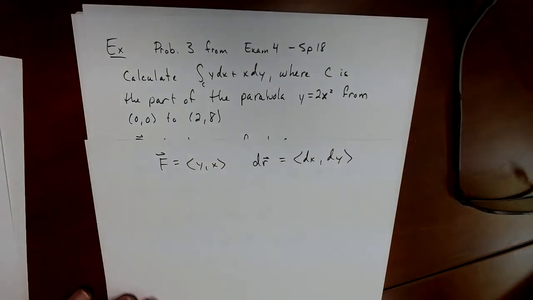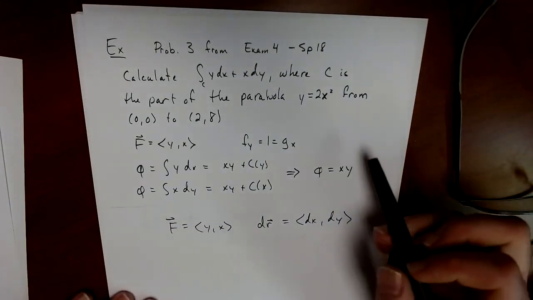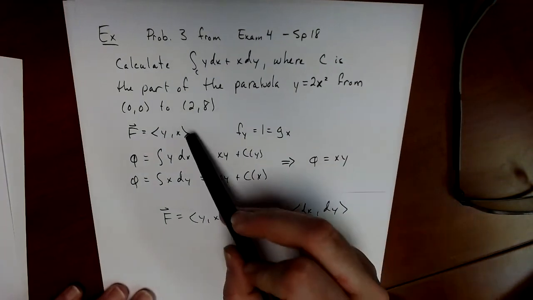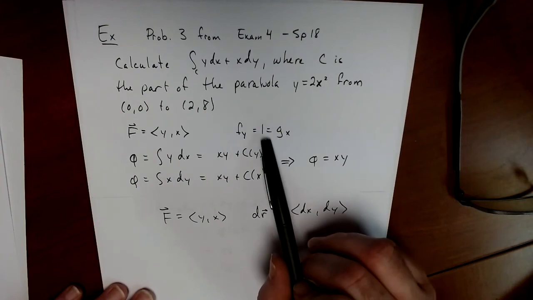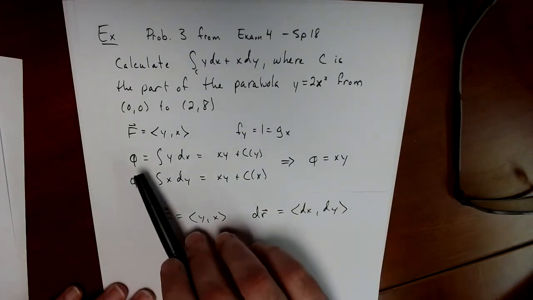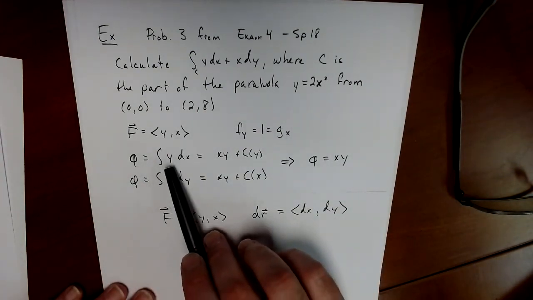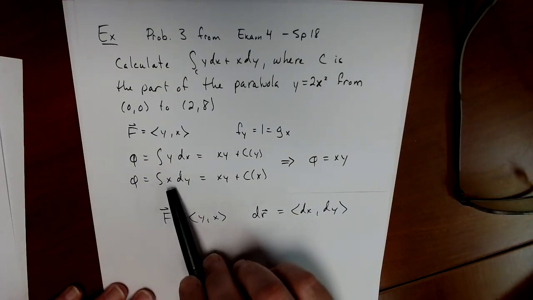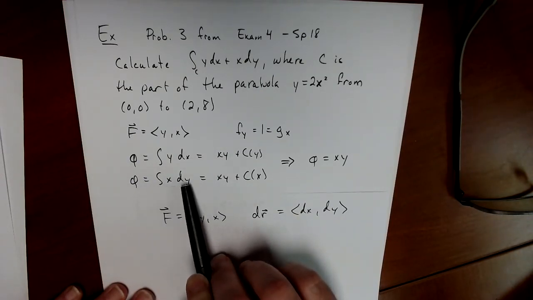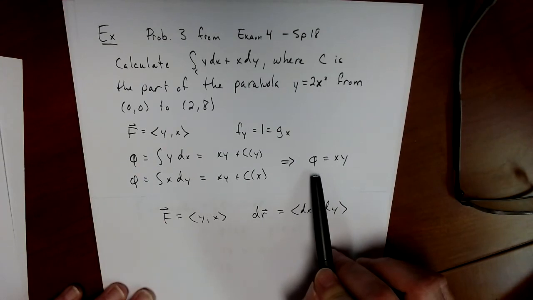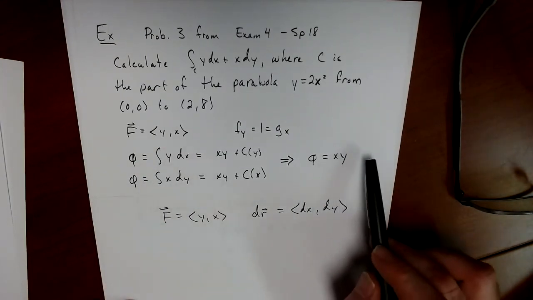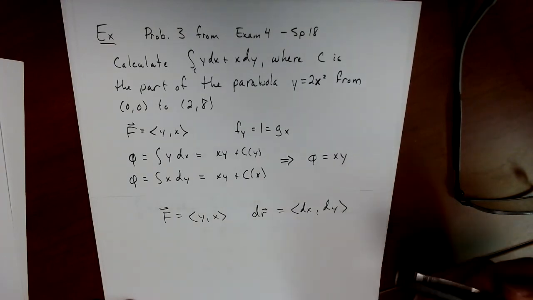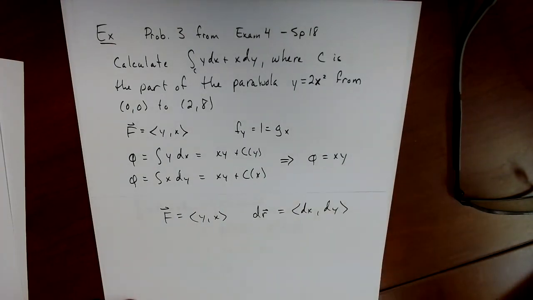But it was actually really easy to do if you recognized that (y, x) is a conservative vector field. F_y equals G_x, they're both 1. And so phi is an antiderivative of y with respect to x, or I can look at it as an antiderivative of x with respect to y. Either way, the nicest phi to pick is just xy. Like I said, you could have a plus 5 or a minus pi there, but it doesn't change anything.